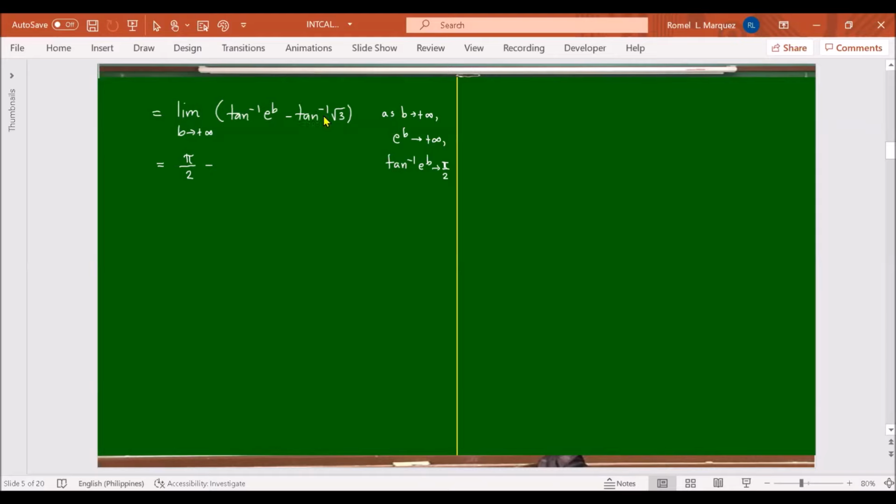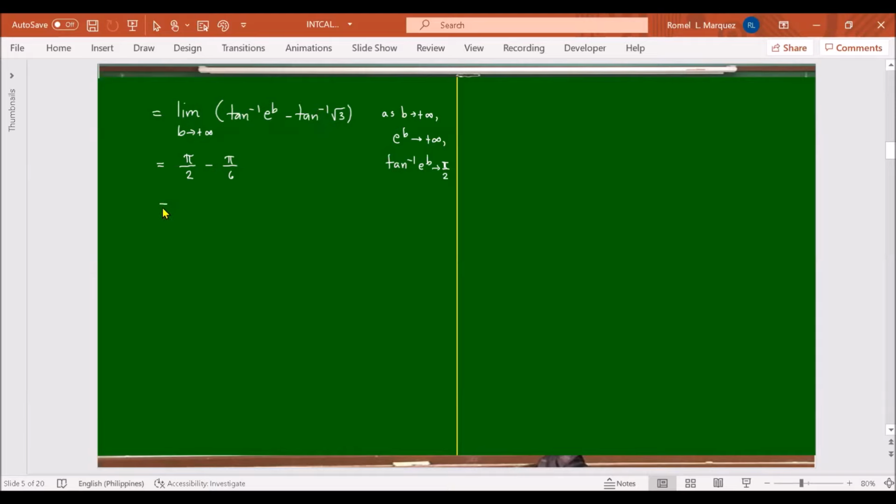But inverse tangent of square root of 3 is equal to pi over 6. So tangent of pi over 6 is square root of 3. Hence, inverse tangent of square root of 3 is pi over 6.